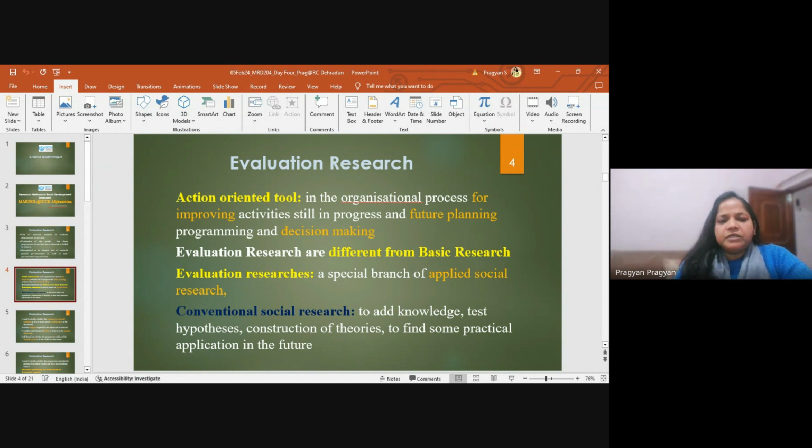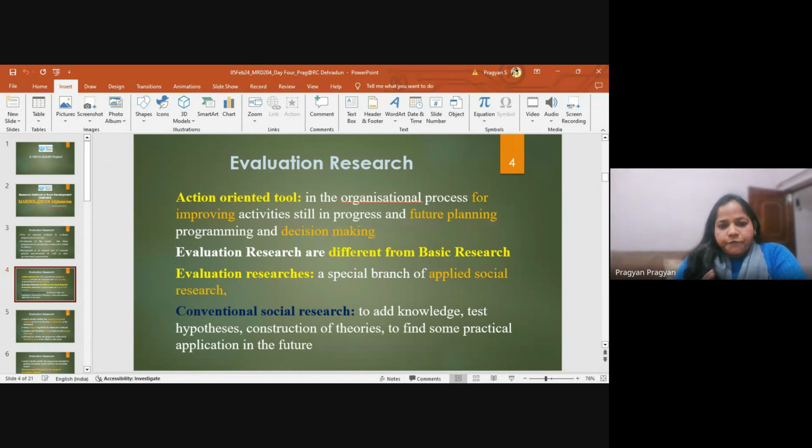So basically, evaluation research is an action-oriented tool. It is not just theoretical research where we conduct a scientific inquiry in a certain development area so that we can acquire knowledge. No, these are not purely theoretical studies. Why? Because evaluation research is originally an action-oriented tool.